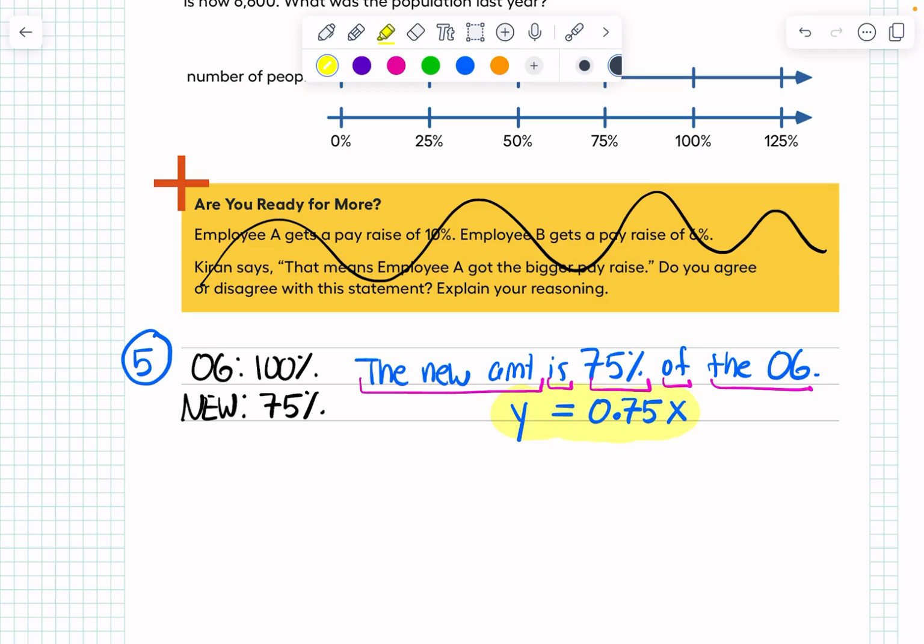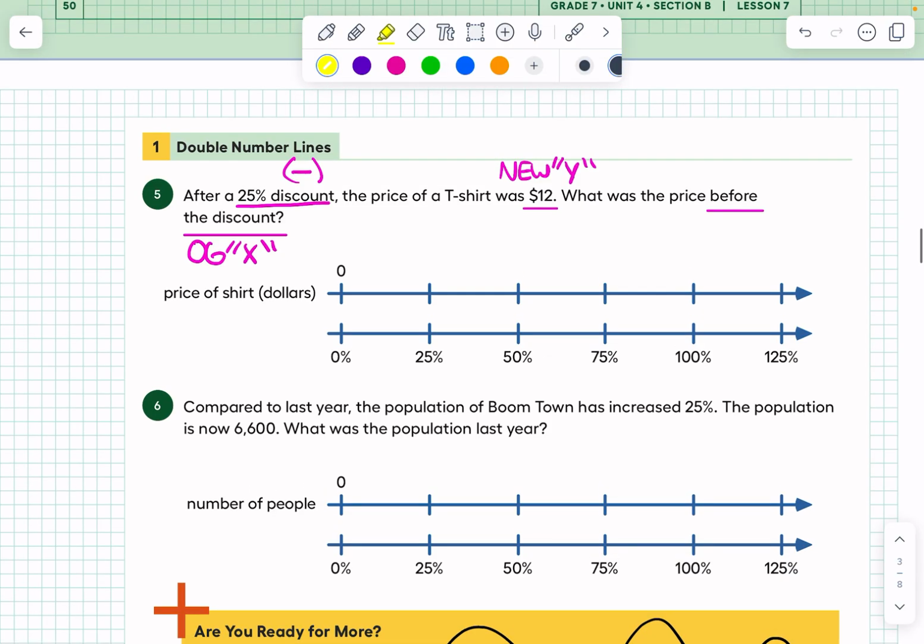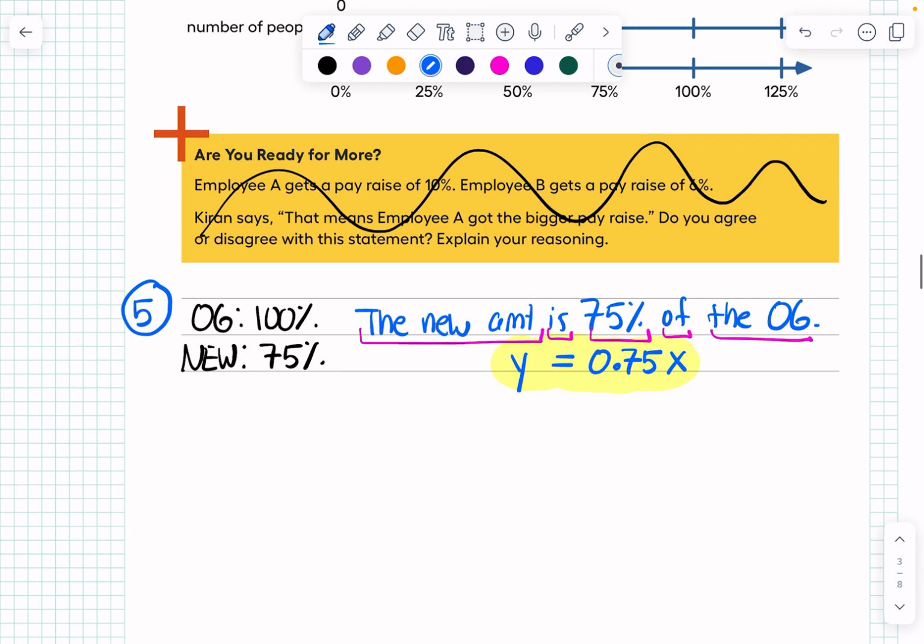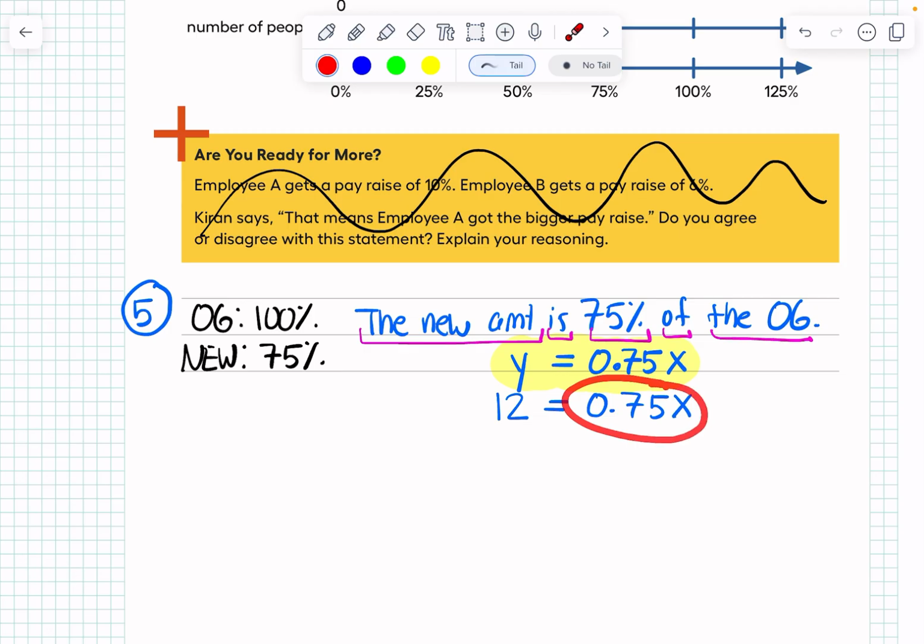So now that $12, remember that we annotated it and we knew that it was the new value, which is our Y value. So I'm going to plug 12 in for Y, and I'm going to have 0.75x. So to get x all by its lonesome, I need to divide by 0.75 to the left side and to the right side.